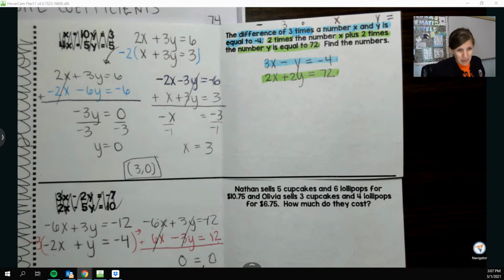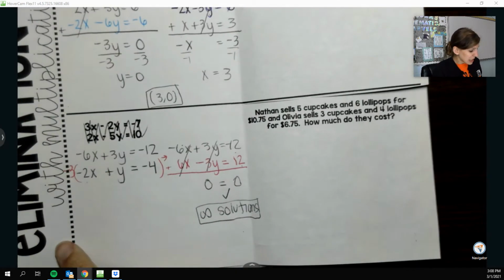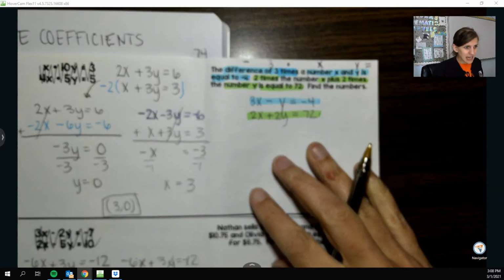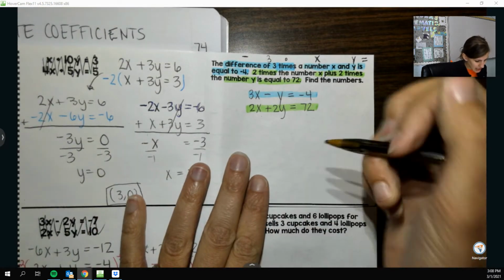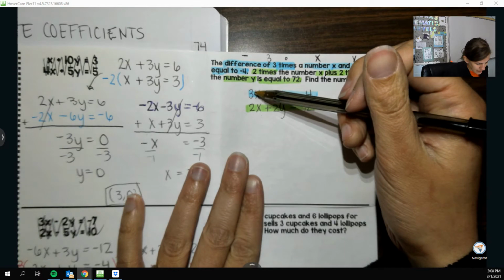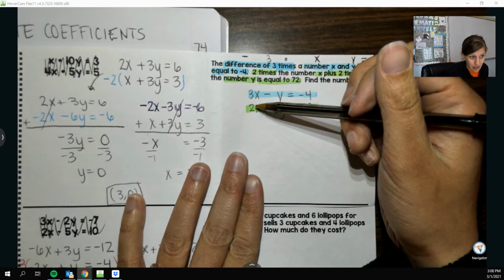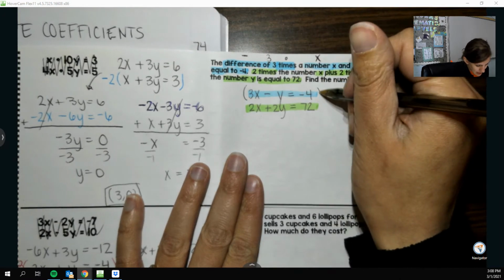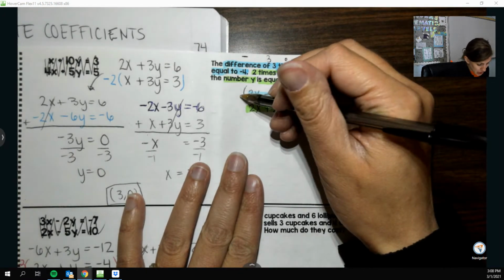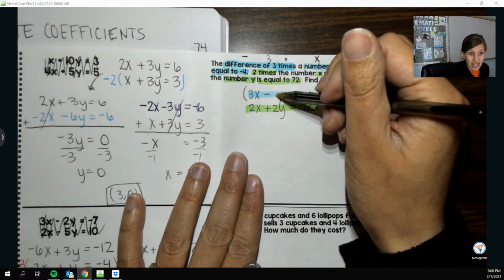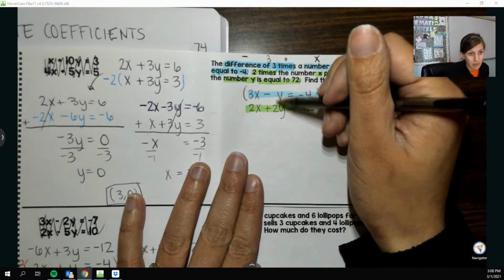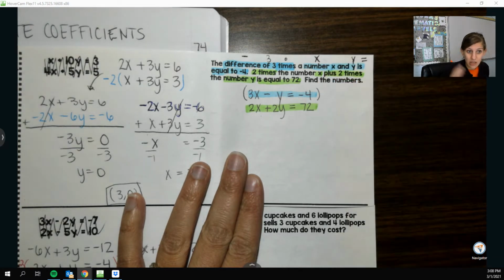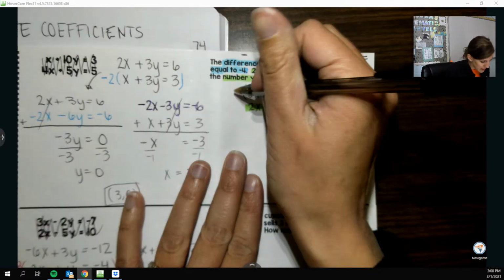So maybe it's a little bit of a spoiler because this is on elimination with multiplication, but it is kind of easier to use elimination here. The x's aren't the same number, and neither are the y's, but if I multiply this top equation by 2, then I'll have a -2y right here and a +2y, and that will be 0, and they'll cancel out, so they'll eliminate, which is what I want.